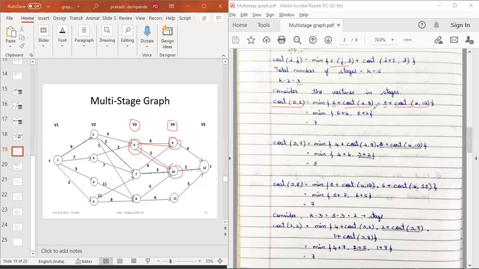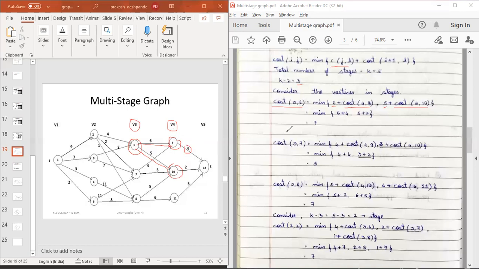Now, if we substitute the values here, let us see what we get. So minimum of 6 taken as it is, then cost of 4, 9. 4, 9 means fourth stage, ninth vertex. From this particular vertex to the destination, that is T, there does not exist any in-between stages. There is only a direct edge. What is the cost of that? It is 4.